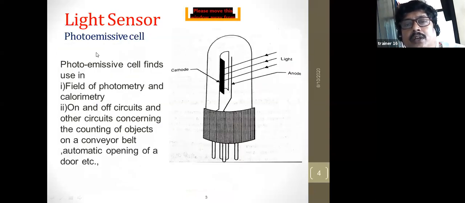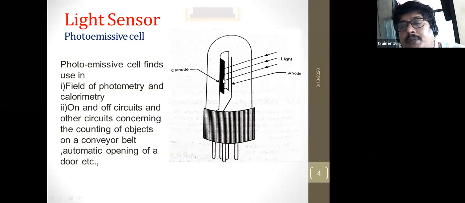Next, the photoemissive cell. It has two electrodes, a cathode and an anode. The cathode is in the form of a V shape or a semi-cylindrical shape, and the anode is a thin material. When light falls on the cathode material, electrons are emitted. These electrons are attracted towards the anode, thereby a current develops.